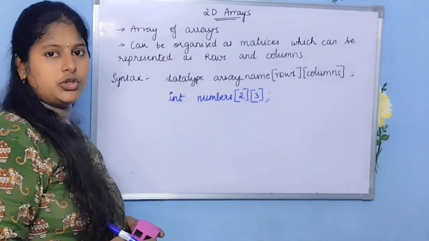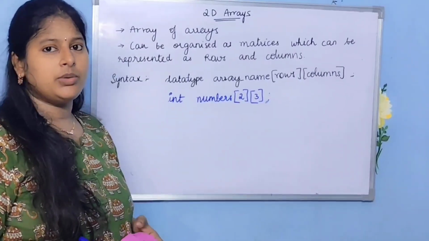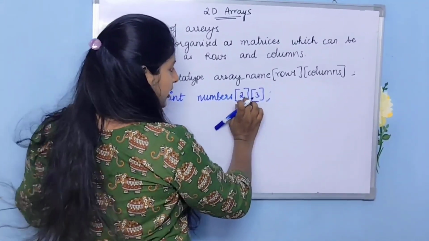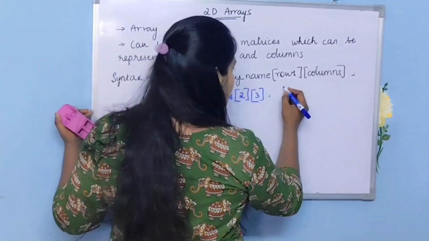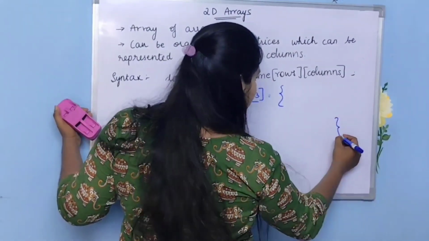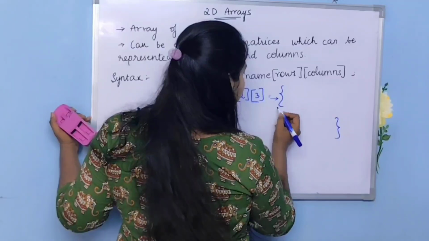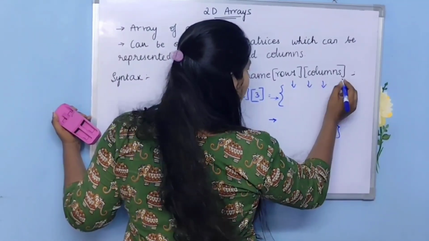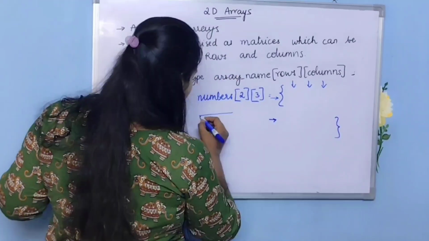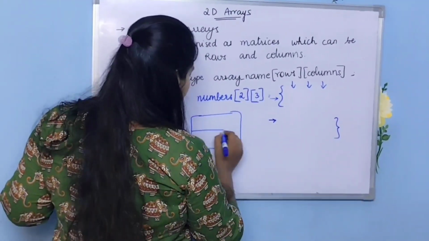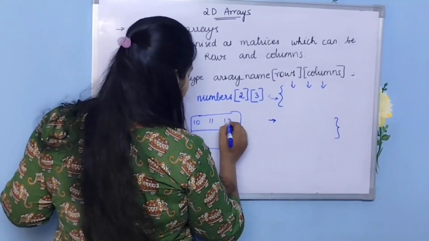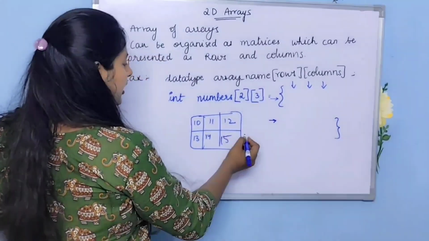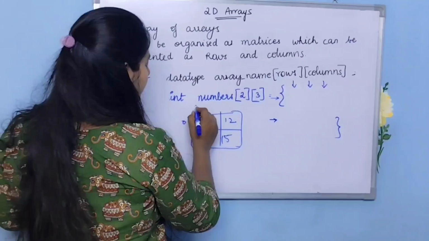Suppose I have asked you to initialize elements in my 2D array. So, this is my int, numbers is the array name, and 2 rows, 3 columns. So, what you do is first write it like this. Now, I want 2 rows, right? Row 1, row 2. Column 1, column 2, column 3. You will write it like this: 10, 11, 12, 13, 14, 15.